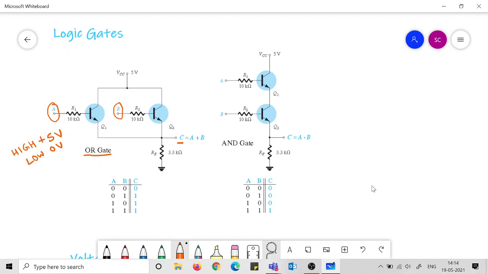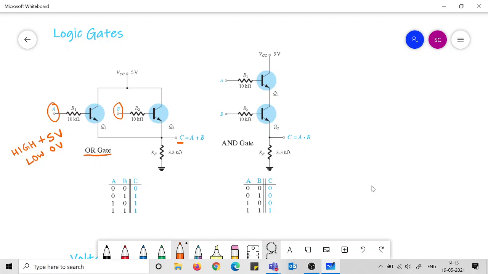So when we have a higher voltage here, then the base is triggered. That means this transistor is now acting as a closed switch.